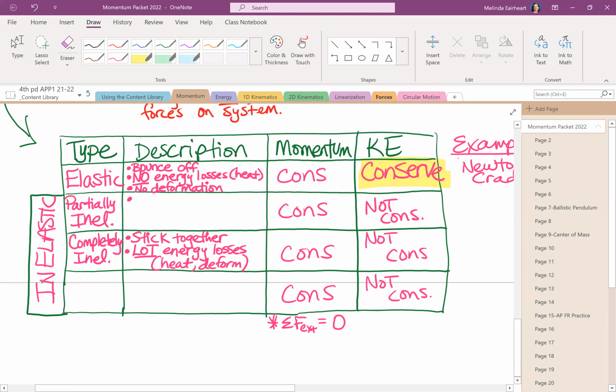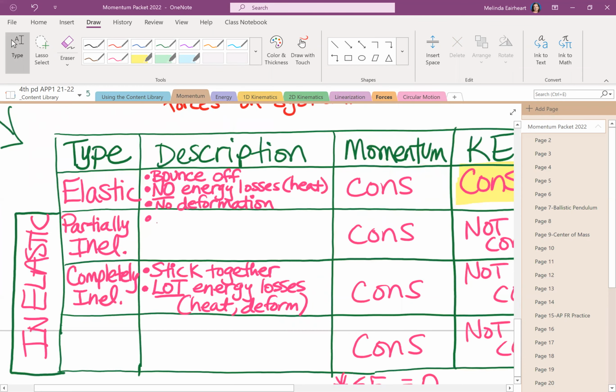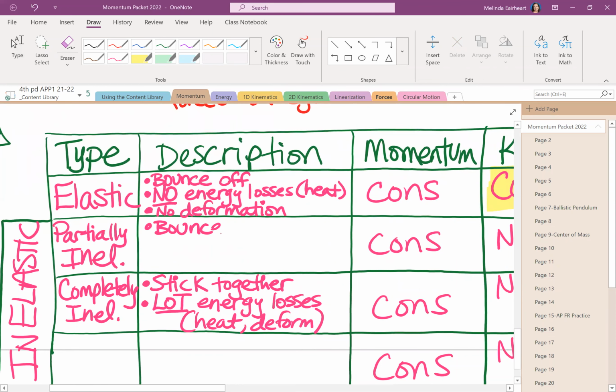And so in partially inelastic, there is a bounce off still, but it's not going to be like the hard steel. So this is like a basketball or tennis ball hitting the wall or hitting the floor. There's some deformation with that, right? If you've never seen a slow motion video of a tennis ball hitting the racket, I'll share it with y'all through Canvas or something, but it deforms, right?